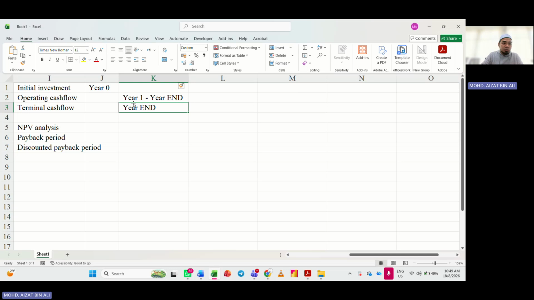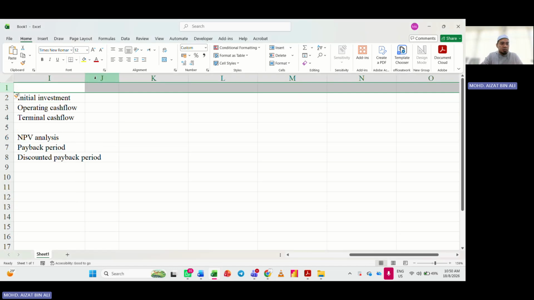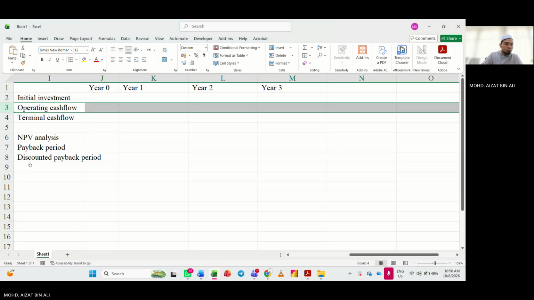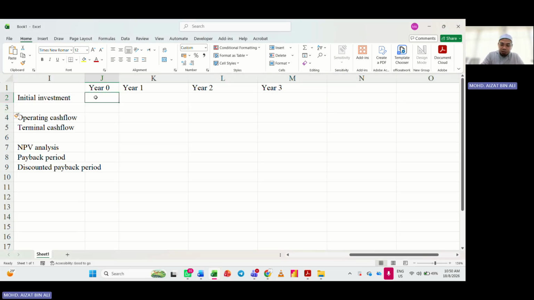So if I want to put this here, in year zero, let me insert year zero. Let's do 3 years only: year two, year three. In year zero, firstly, we will spend 7,500 ringgit.